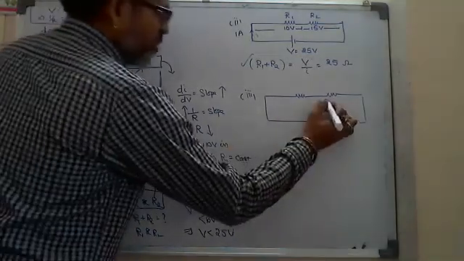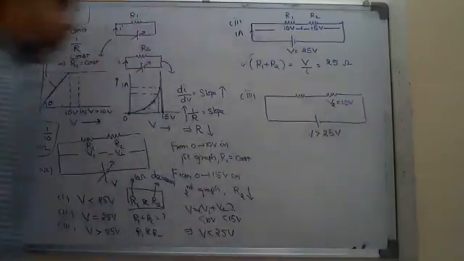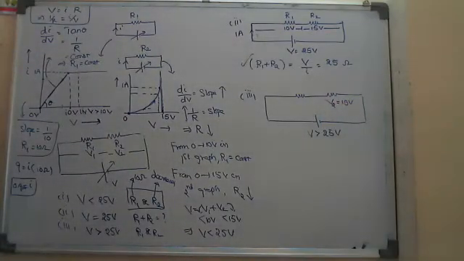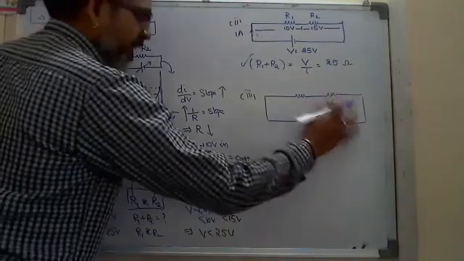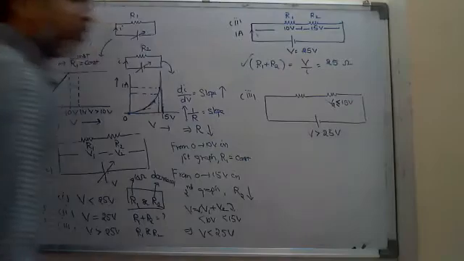So the maximum value here is 15 only. That's why V2 should be less than or equal to 15.